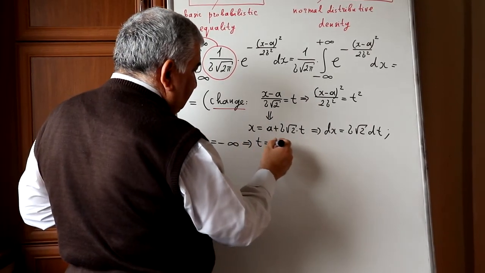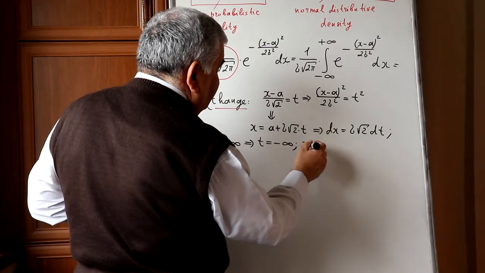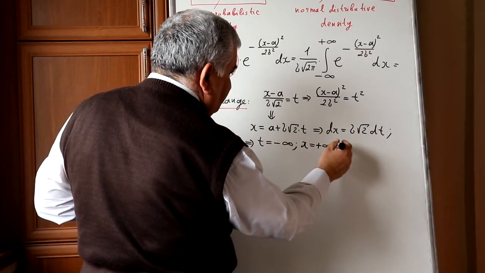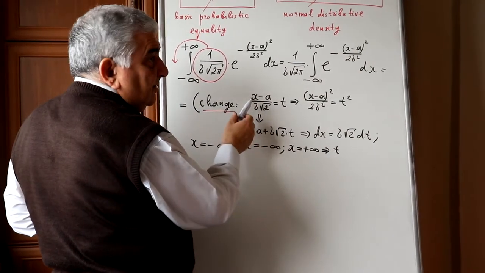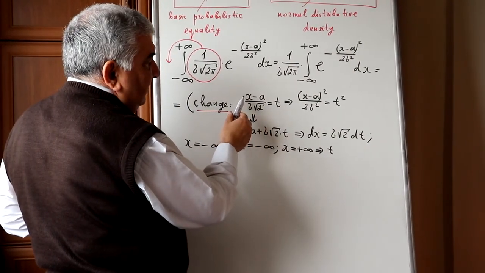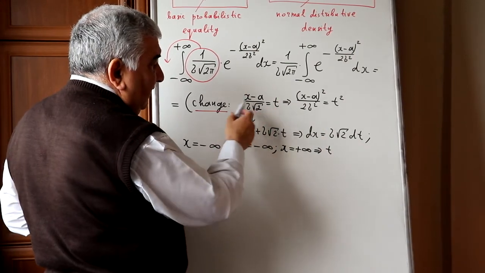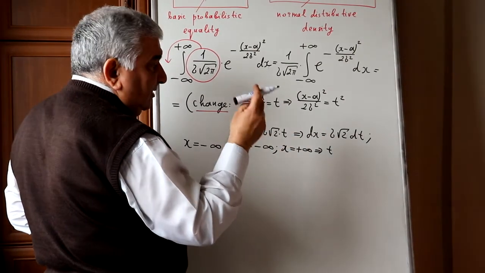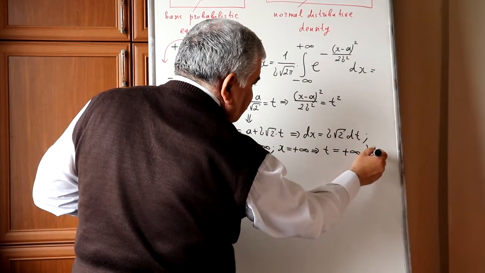T is minus infinity. And then if x is plus infinity, then substituting plus infinity instead of x, plus infinity minus a is plus infinity. Plus infinity divided by a positive number is also plus infinity. T is also plus infinity.